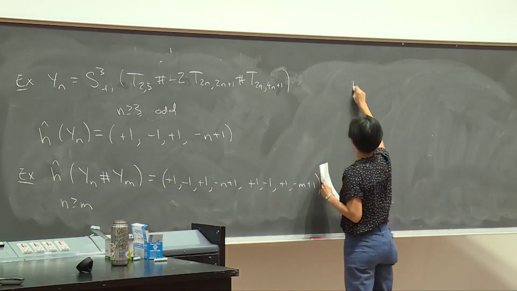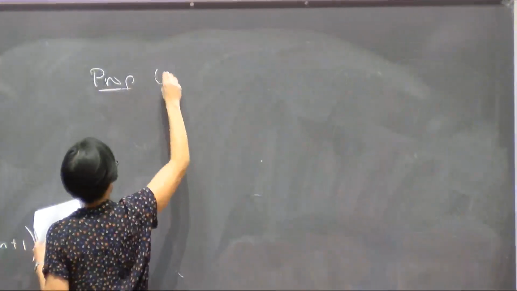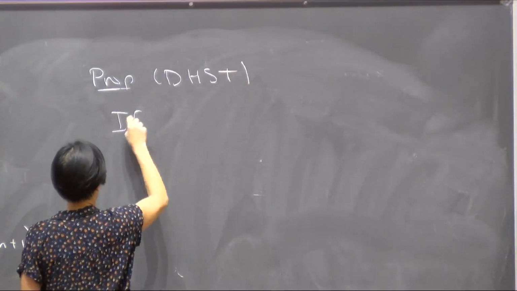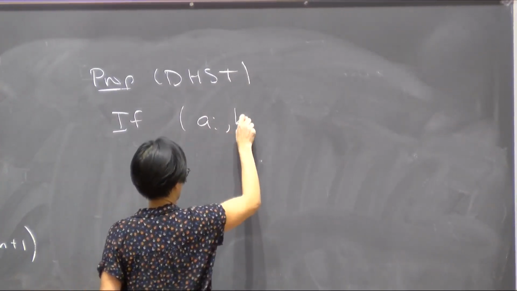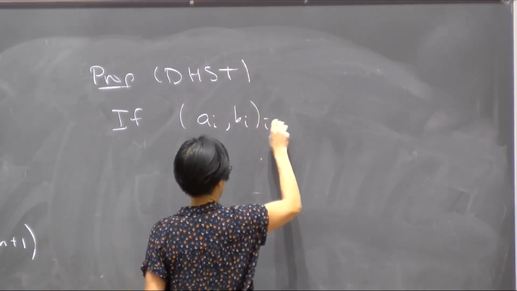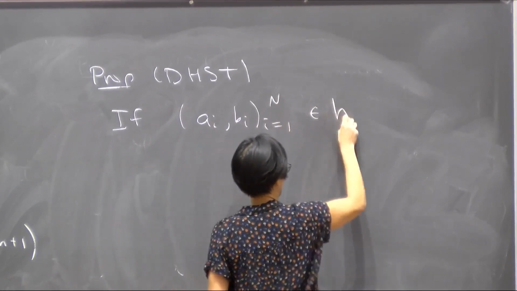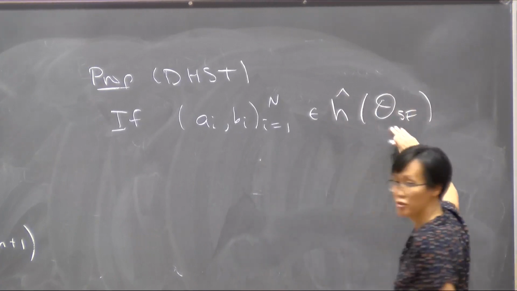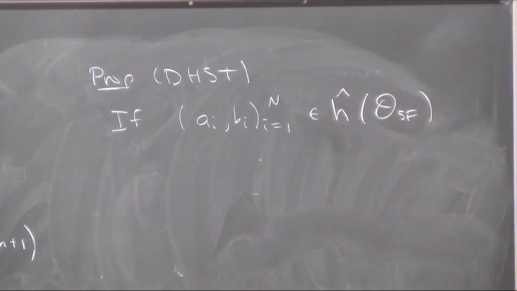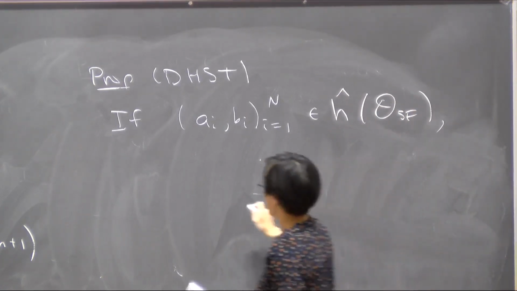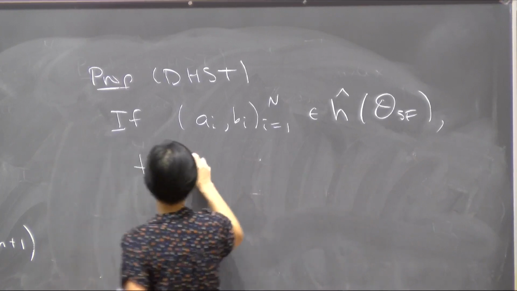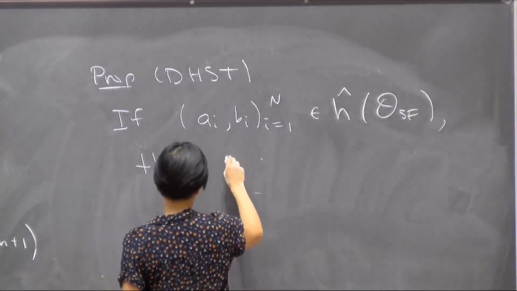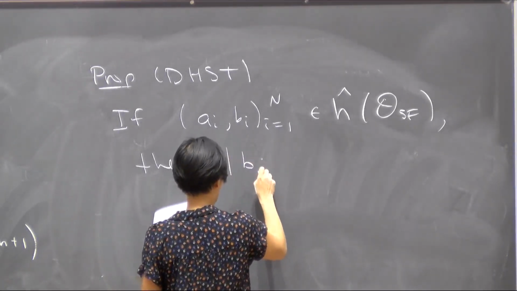So we have the following proposition, which says that if I have a sequence that's in the image of the subgroup spanned by Seifert fibered spaces, then that sequence has to have a particular form. The absolute values of the bi's have to be non-increasing.